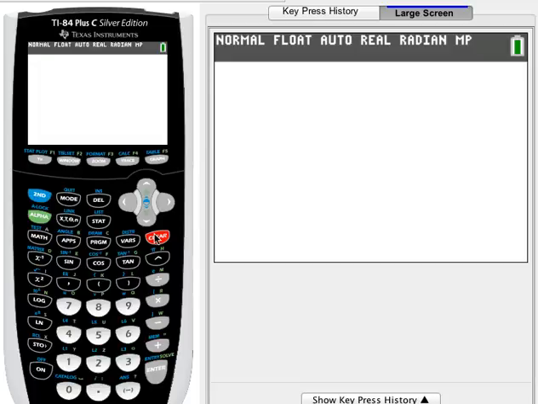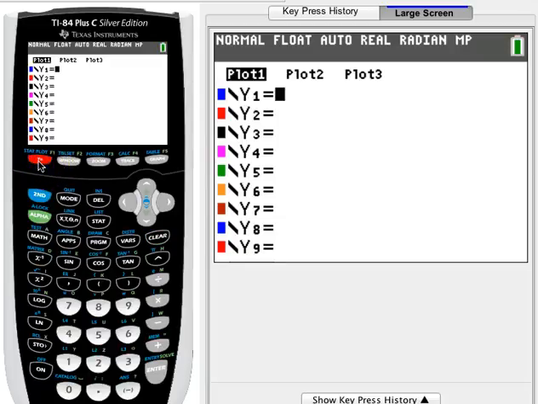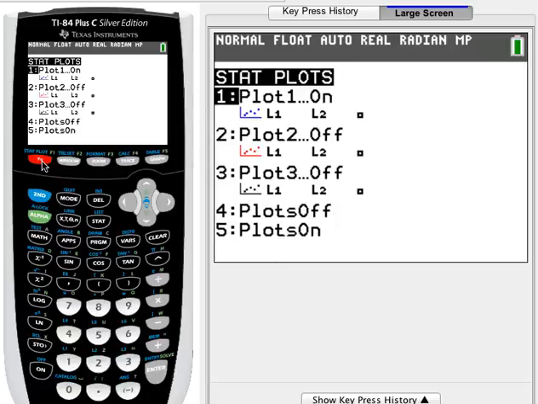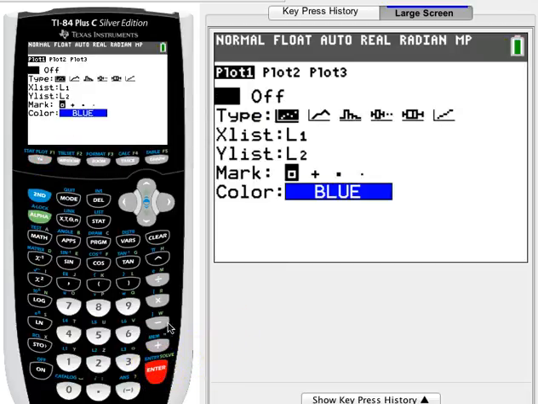So what do I mean by that? Well, what I want to do, not Y equals, I want to go into stat plot, and a residual is a type of scatter plot, okay? So I'm making a scatter plot with my x's, but instead of my y values, I want it tracking my residuals.